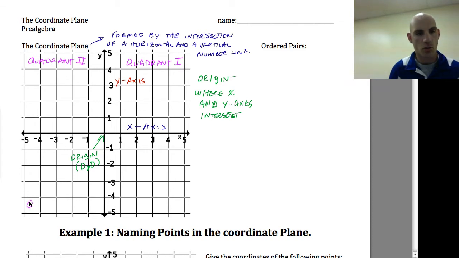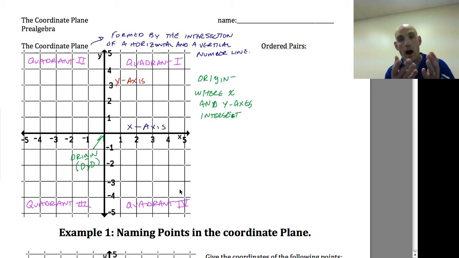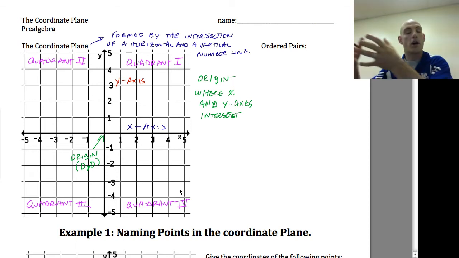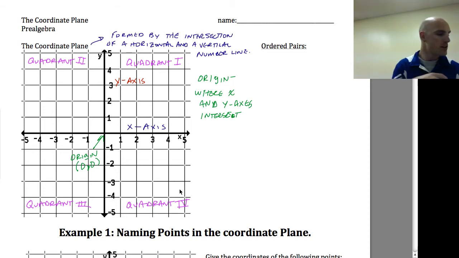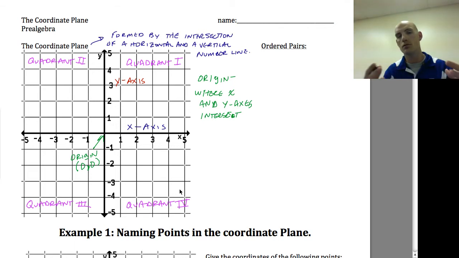So that makes this quadrant 3. And this is quadrant 4. Quad meaning 4, quadrant, so there are 4 quadrants. So those are the two major things that intersect, the x and y axes. They divide it into 4 quadrants.